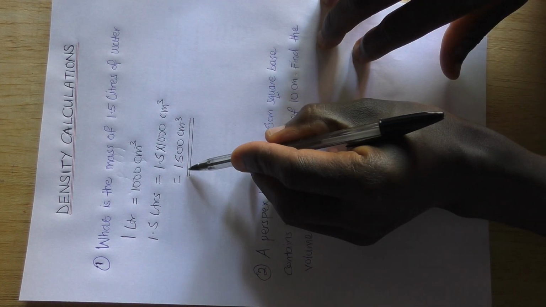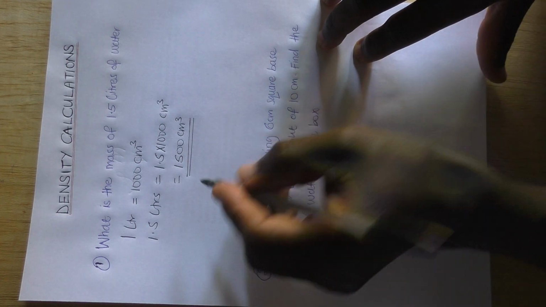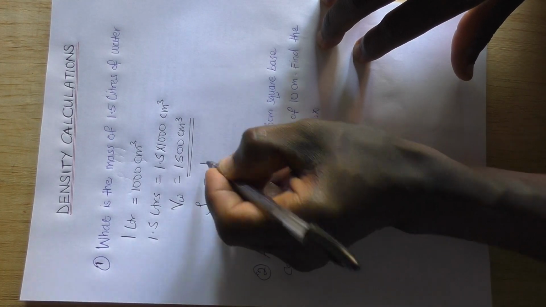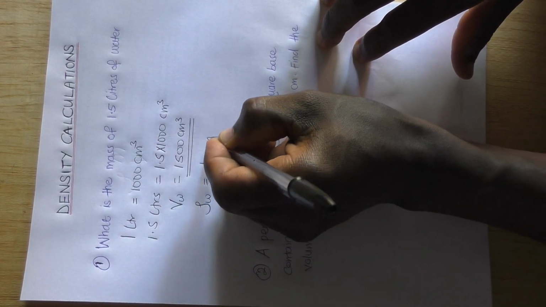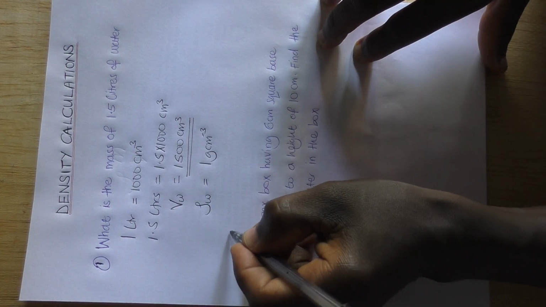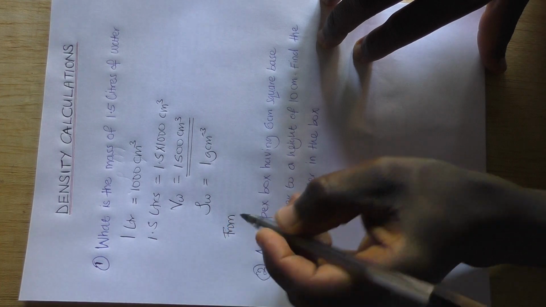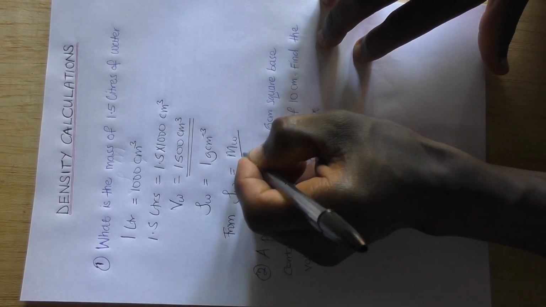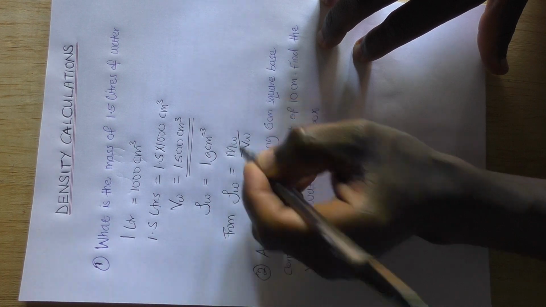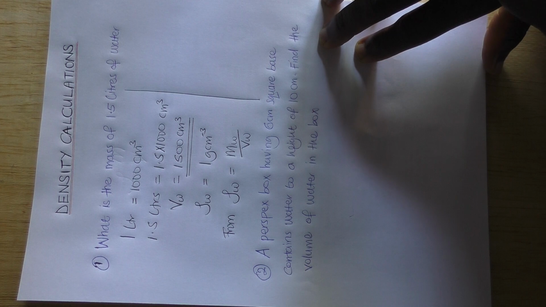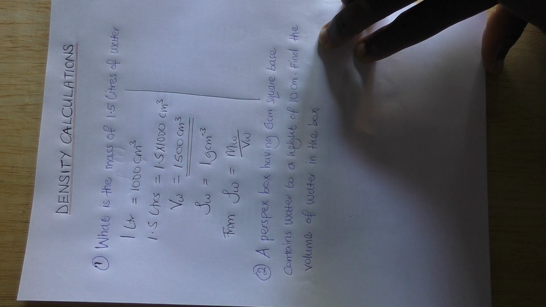So since we have the volume of the water, we know the density of water as 1 gram per cubic centimeter. Therefore, from density of water equaling mass of water over volume of water, we can find the mass of water.